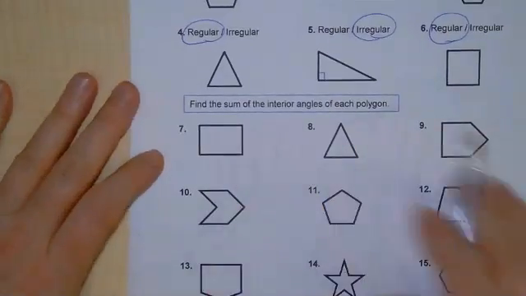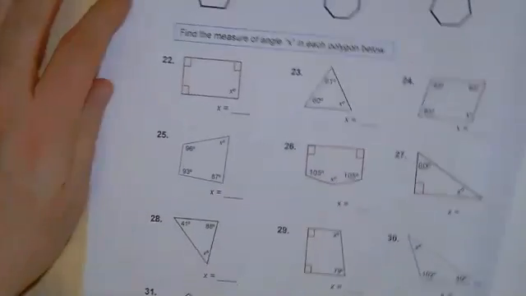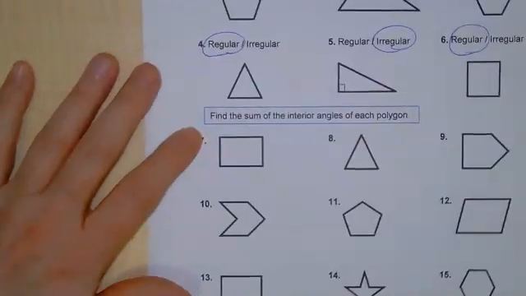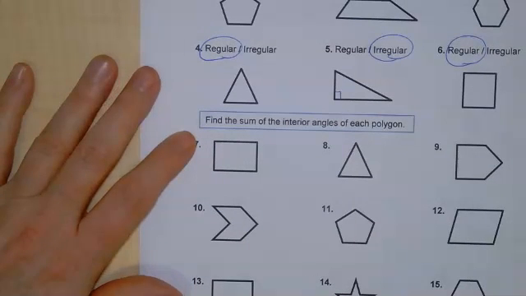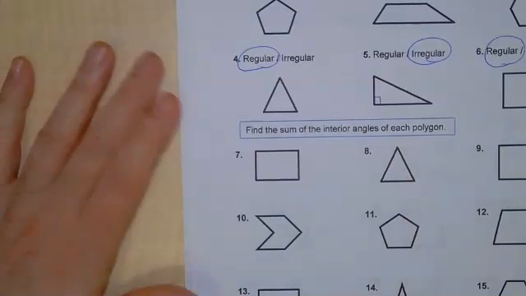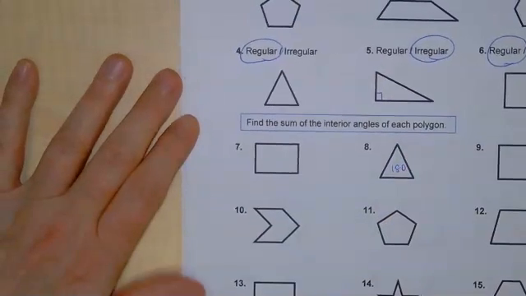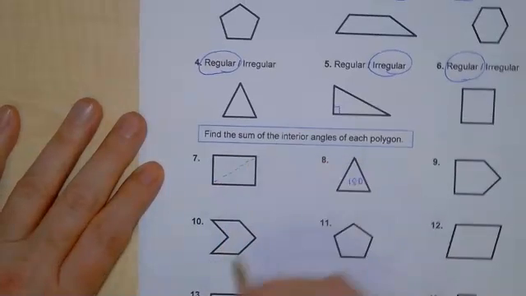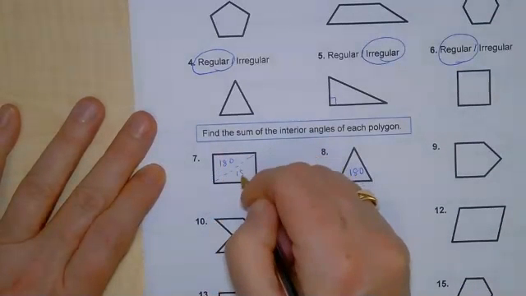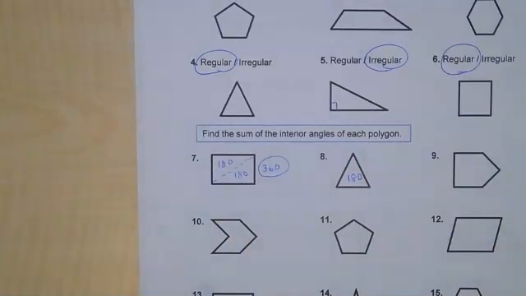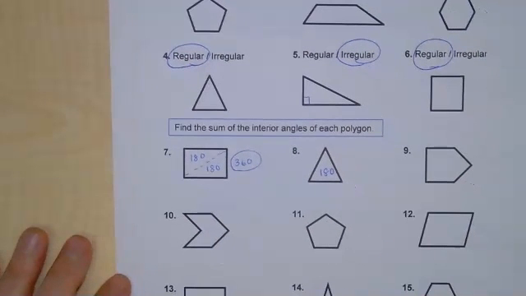So we're on number 7. Find the sum of all the angles inside the polygon. So, well, a triangle is simple because it's always 180. Right? This right here will be 360. Here's a pentagon.